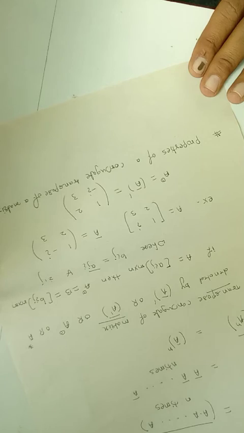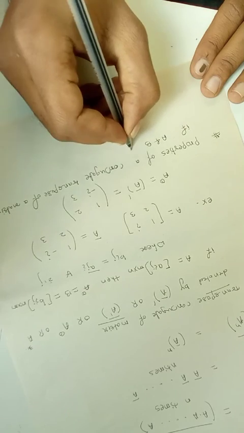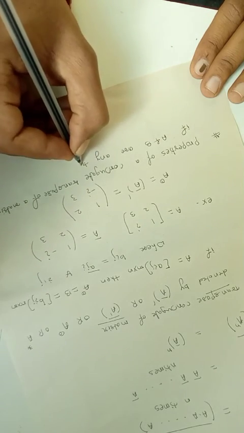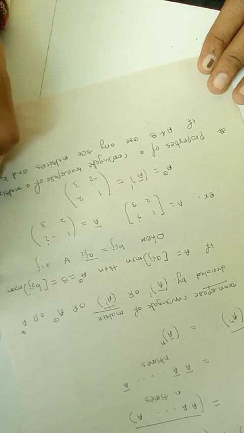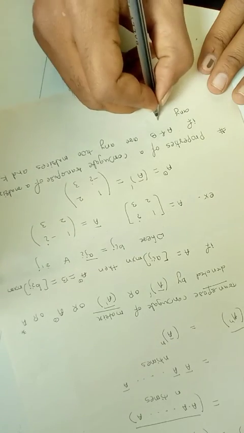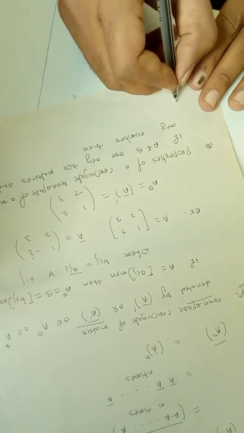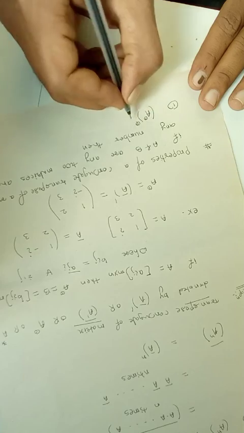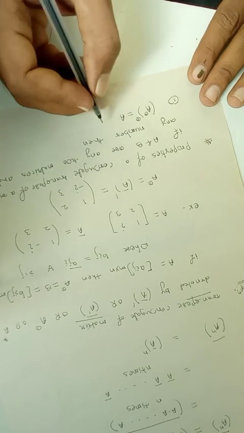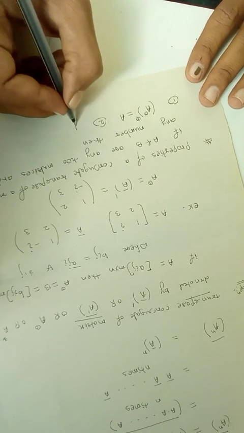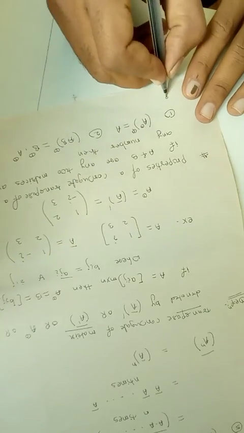If A and B are two matrices and k is any number, then first, the transpose conjugate of A theta is equal to A as it is. Second, AB theta is equal to B theta A theta. Just reverse it.